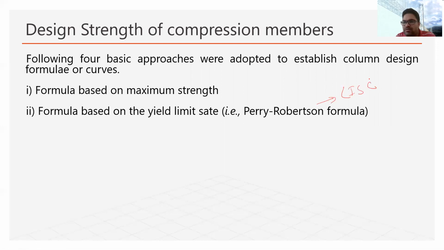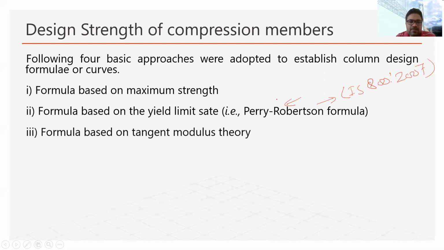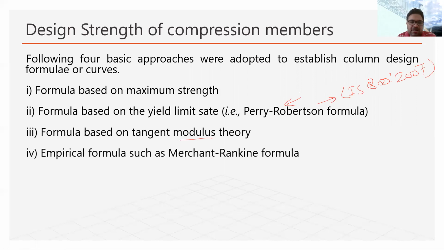All the formulas on design of compression members given in the IS code are based on this approach. The other approaches were the tangent modulus theory, then the empirical Merchant-Rankine formula. The previous version of our IS code, IS 800 1984, was actually based on this formula.